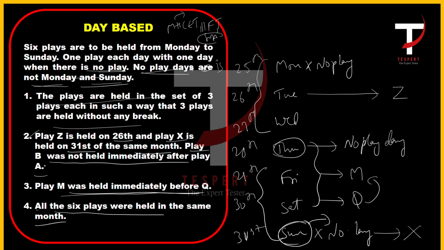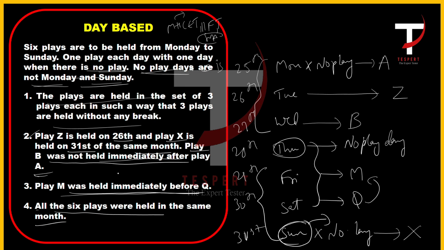Play B was not held immediately after play A. So if I place, which means that play A comes first and play B comes later, right? So play A will be on 25th and play B will be on 27th. Why?